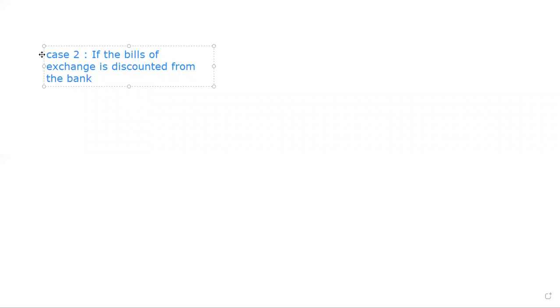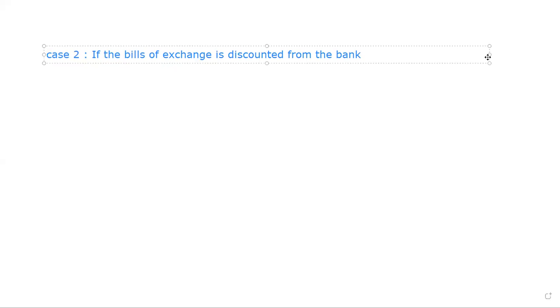I'll consider the same example that X draws the bill and Y accepts the bill. Sometimes this happens. Suppose the bill is drawn for 2 months, but 1 month before, X requires the money. What will X do?